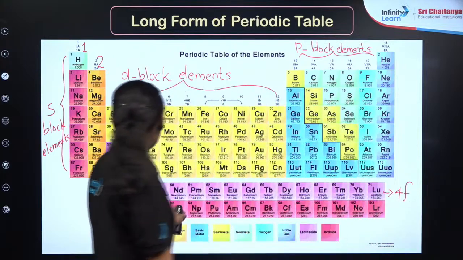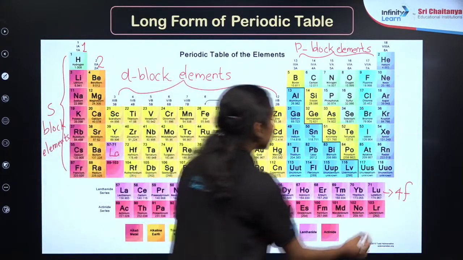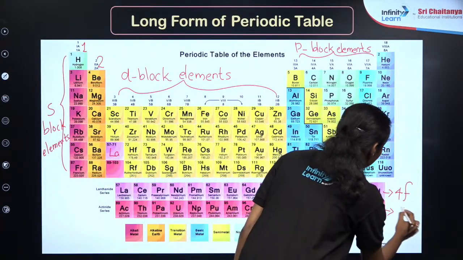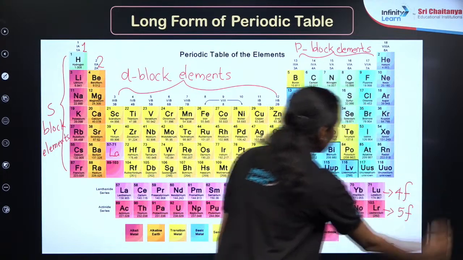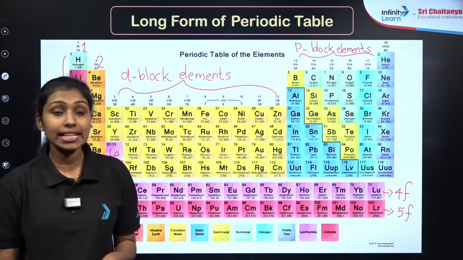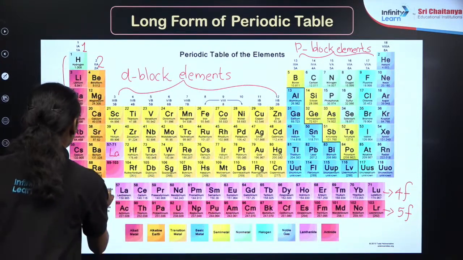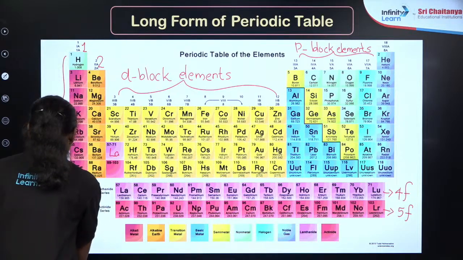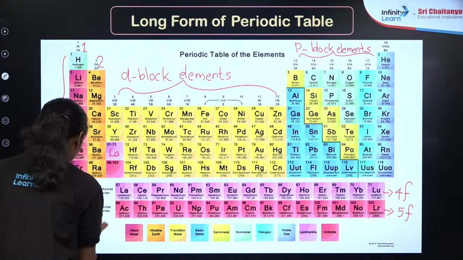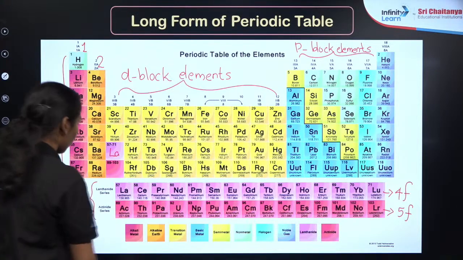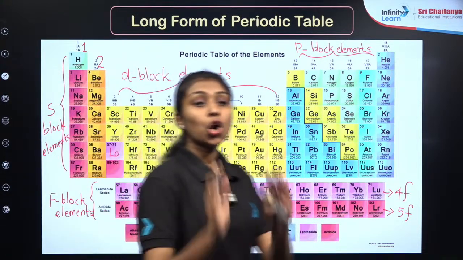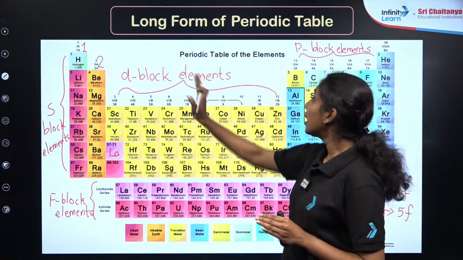Similarly, from thorium to lawrencium, the last electron always enters the 5F orbital. So these elements are known as F block elements.